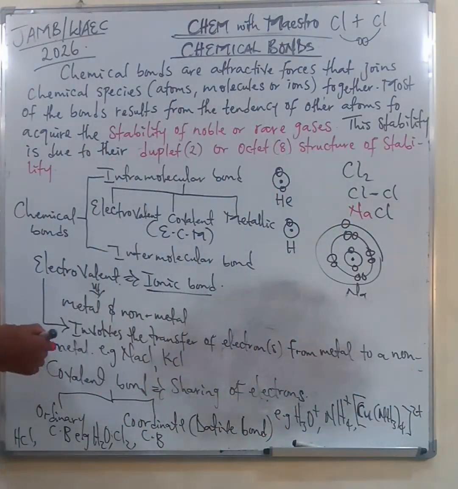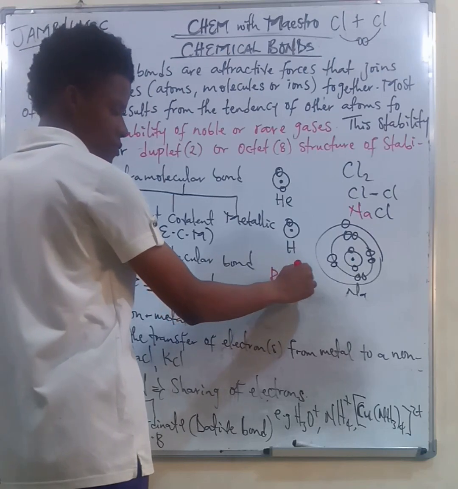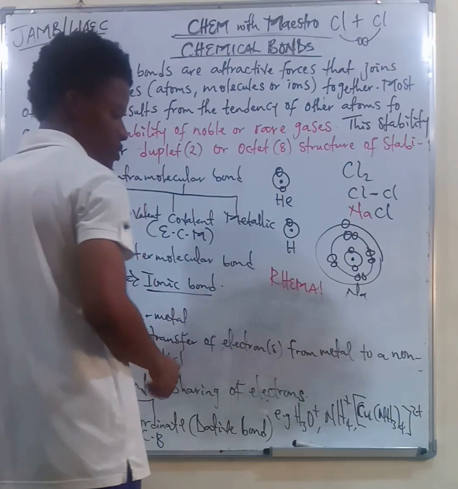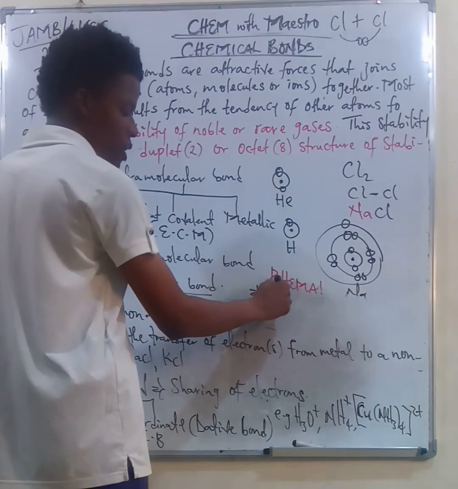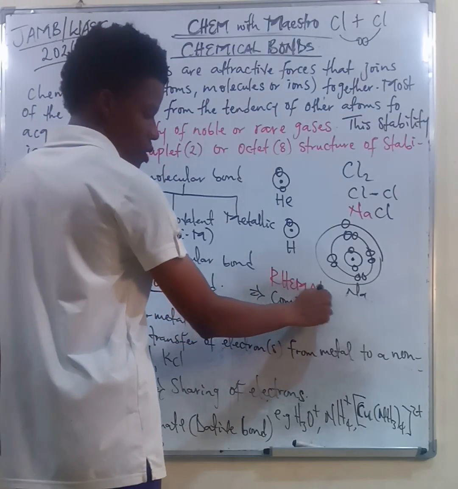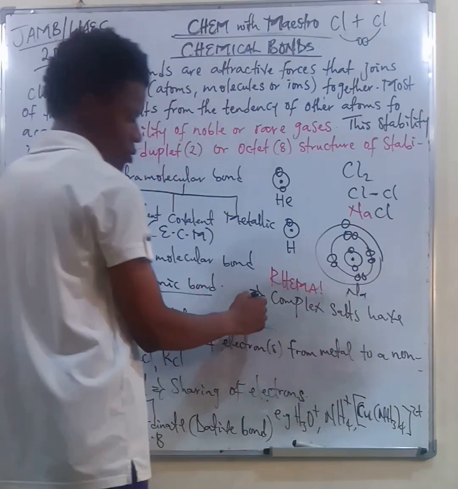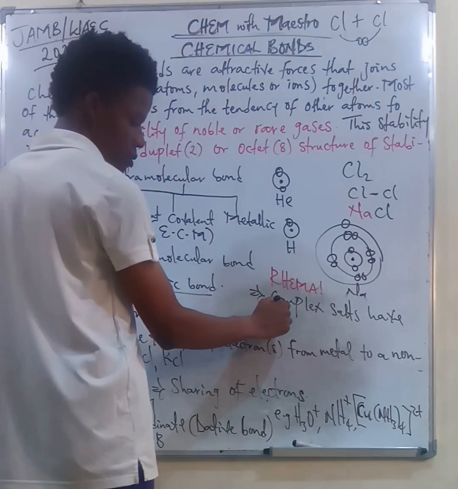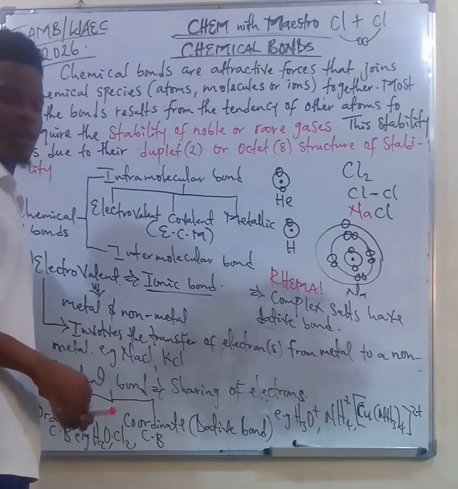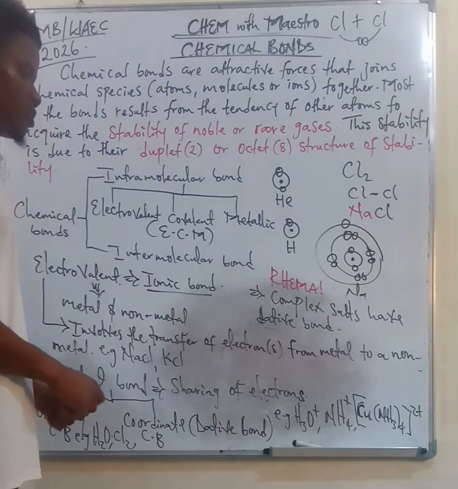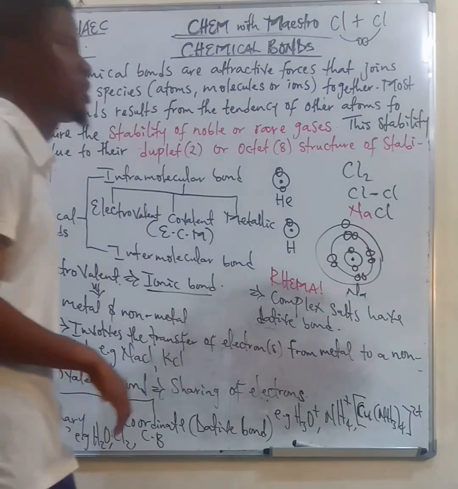All right. So please take note of this. Bear in mind that complex salts have dative bond. All right. Complex salts have what? Dative bond. Okay. So lastly, the last type of bond we are going to look at is metallic bonding.